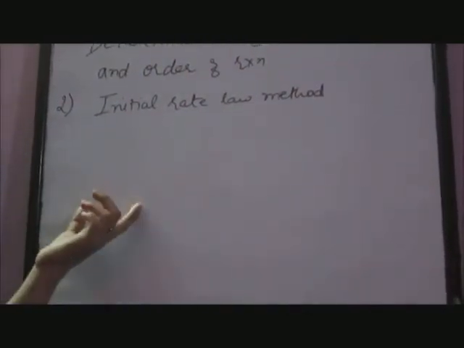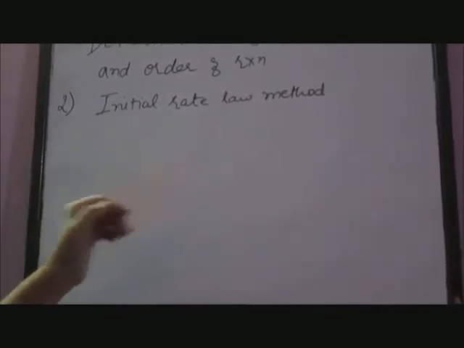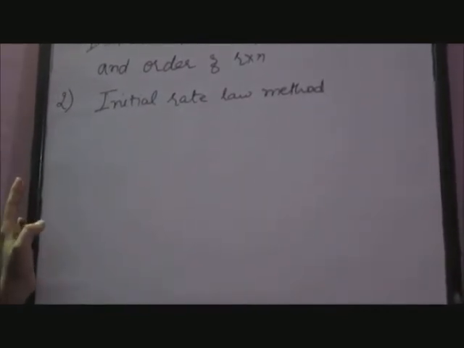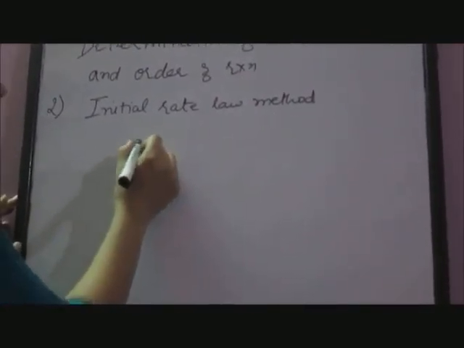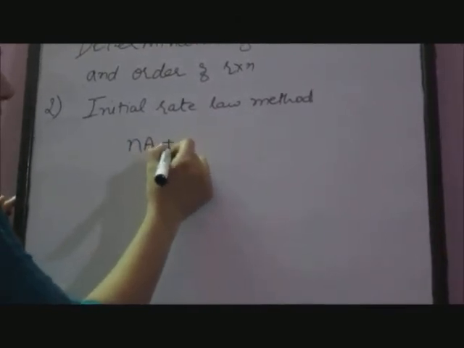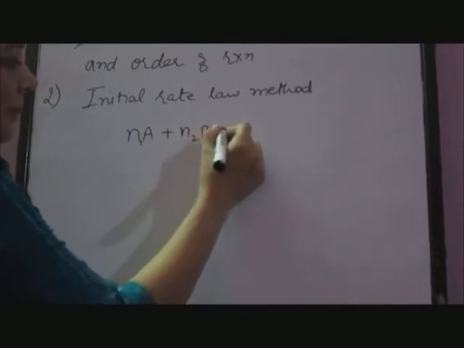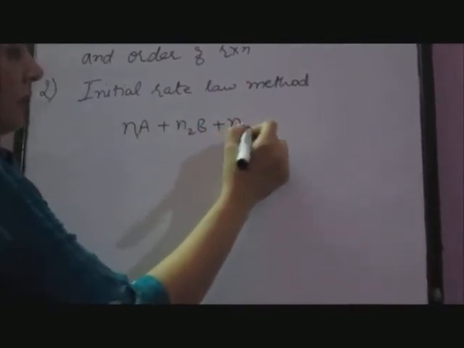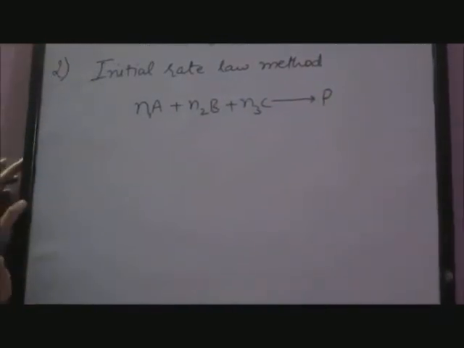In this method, we change the concentration of one of the reactants and keep the concentration of other reactants constant. Consider a general reaction n1A plus n2B plus n3C gives products.